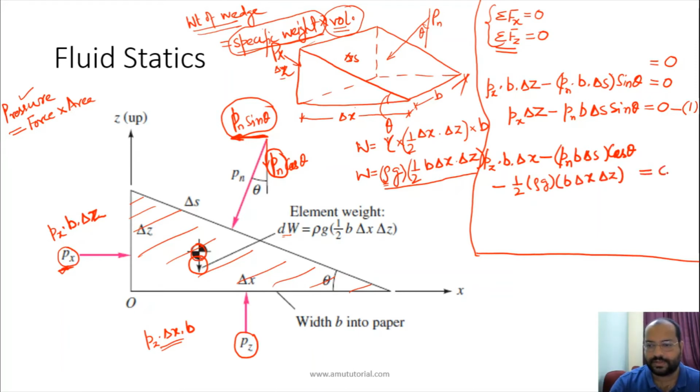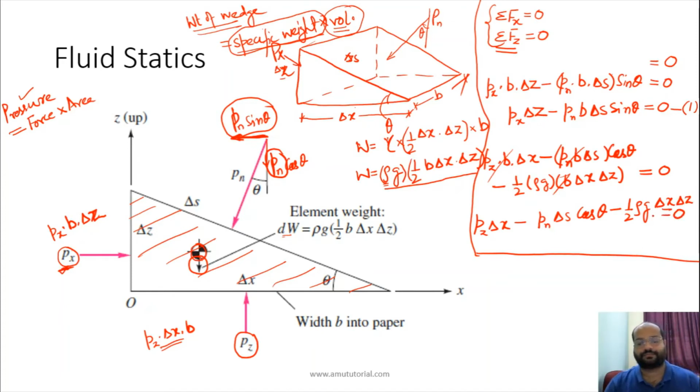The whole summation will be equal to 0. If we simplify, b is common in all the terms, so this will be Pz delta x minus Pn delta S cos theta minus half rho g delta x delta z equal to 0. We have got another equation, equation number 2.